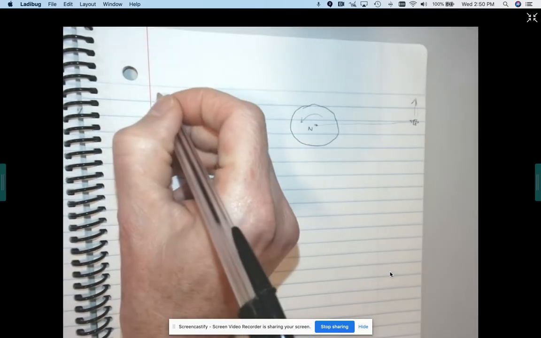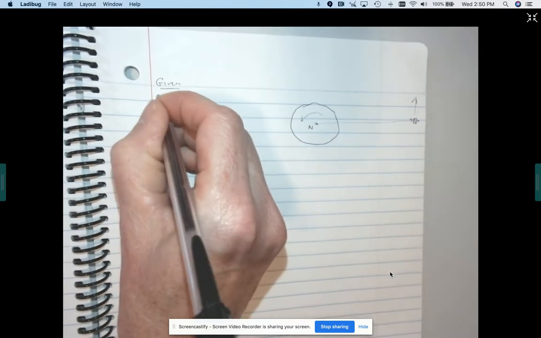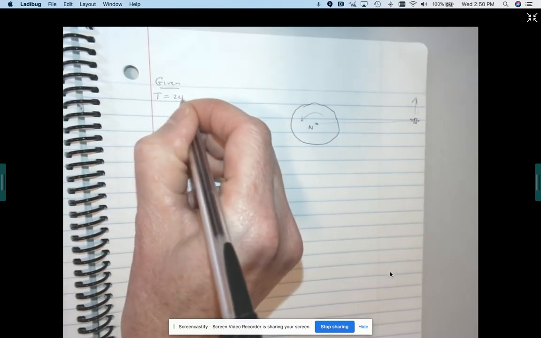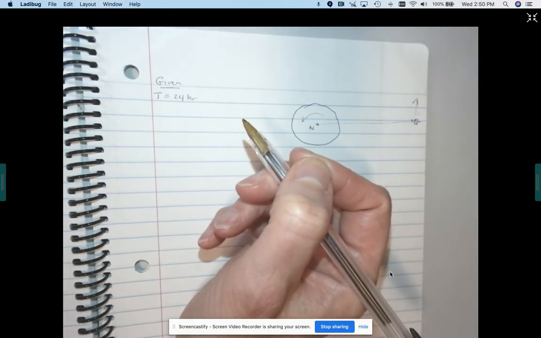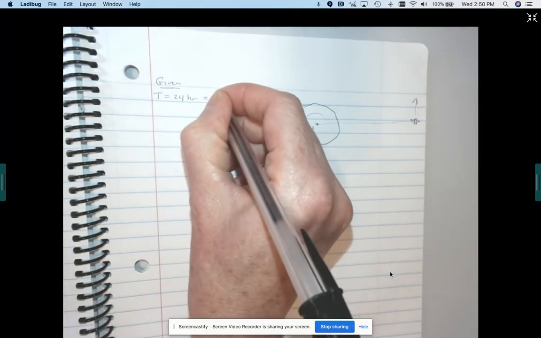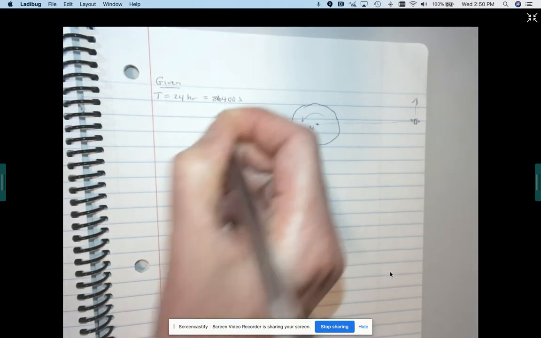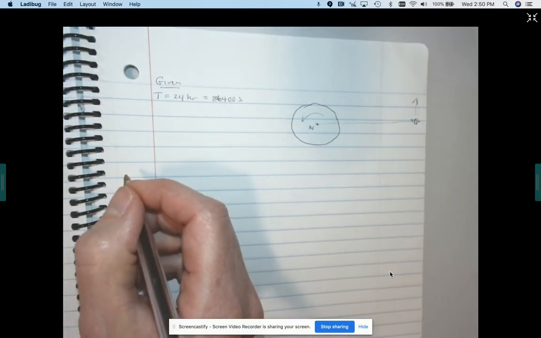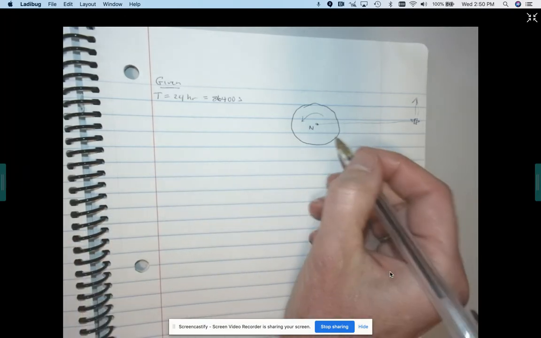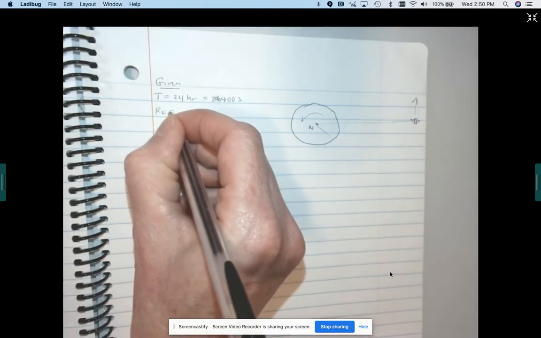So that's actually one of the things that we are given, that the period is 24 hours. And if we multiply that by 3,600 seconds per hour, that's equal to 86,400 seconds. That's good to know. What else do we know? We know just some constants that you can look up. So the radius of the Earth would be good to have.